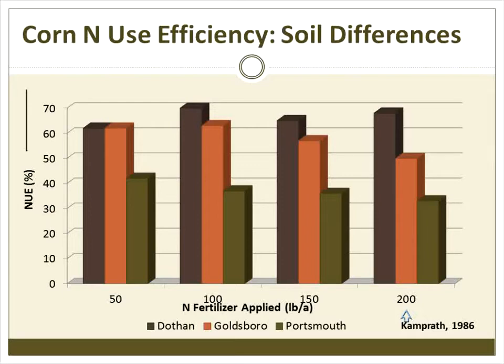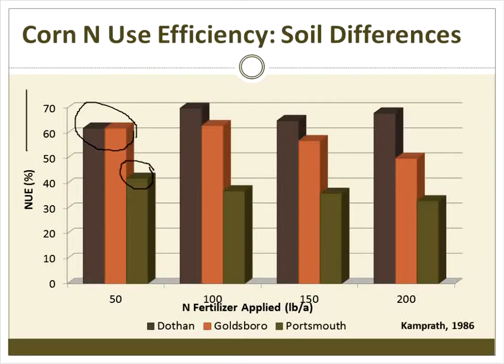Nitrogen use efficiency at 50 pounds of nitrogen for the Dothan and Goldsboro are about the same. We actually have about 60%, which is really great. In the Portsmouth, it's only about 40%.